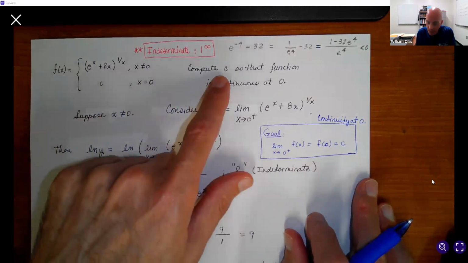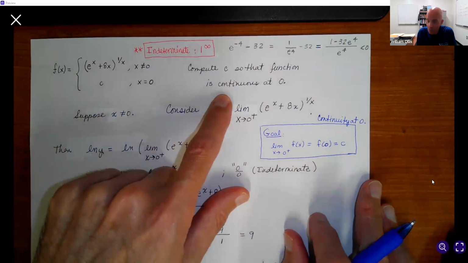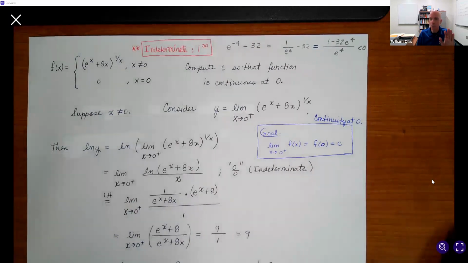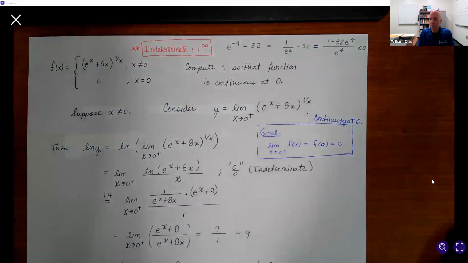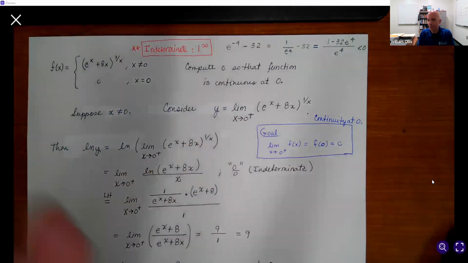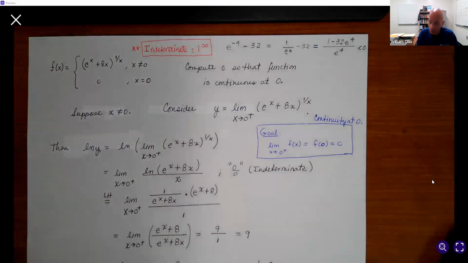So what I've done here is compute c so that the function is actually continuous at 0. So it's like, well, okay, so what's C? We're calling it C, but can we do better than that? Well, of course we have to do better than that because we've got to have a well-defined real number. This C is just a placeholder, but this is an easy problem if we think about L'Hopital's rule.